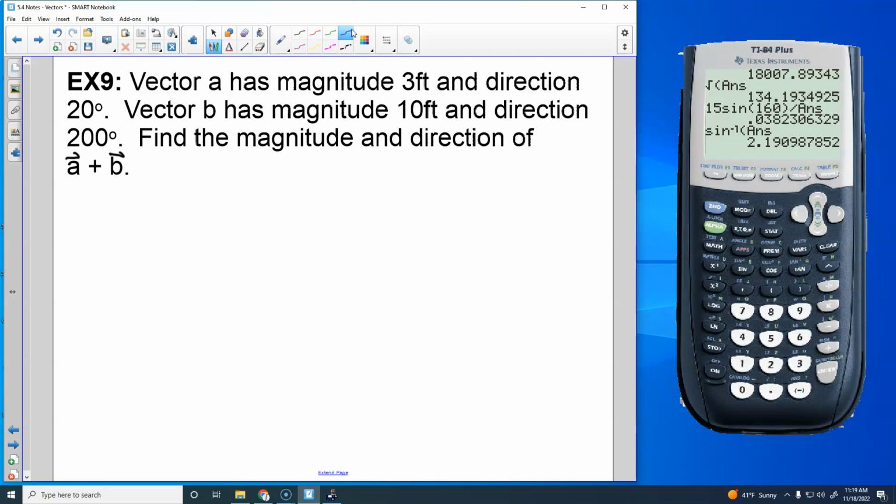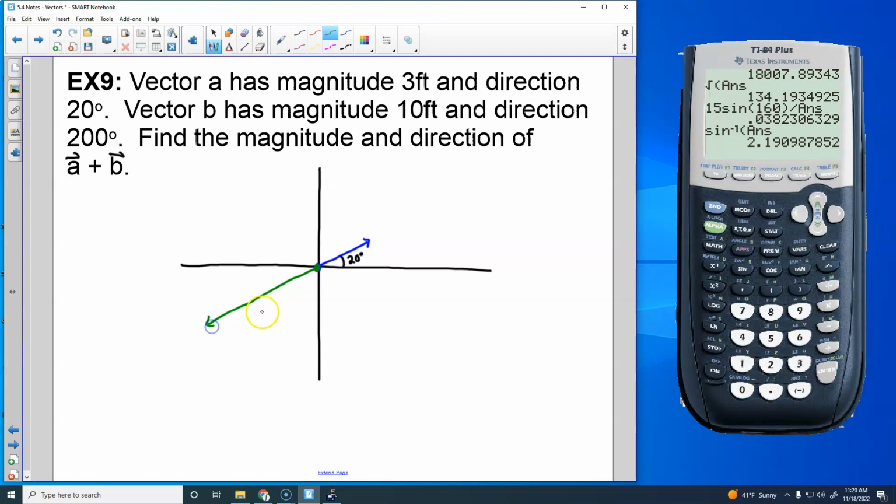All right, so, yes, I said this one would be quick, but we got two different magnitudes. You have a magnitude of 3 and a direction of 20 degrees. That looks about like this. And then 200 is all the way over here, and it is exactly opposite. It's just a line.